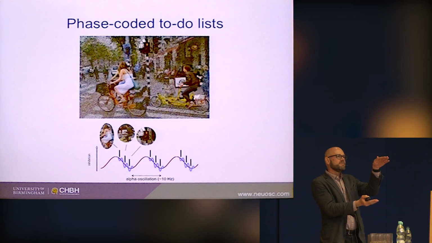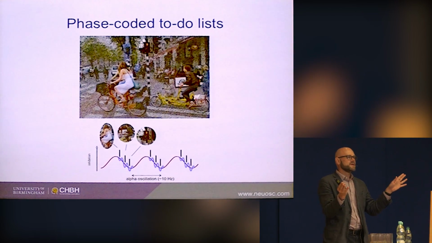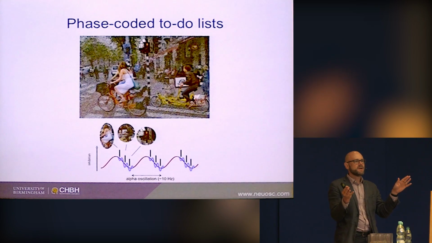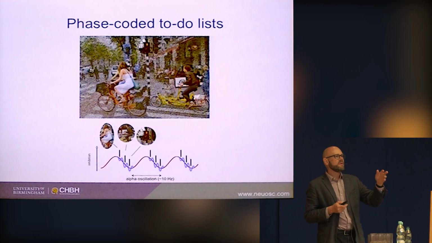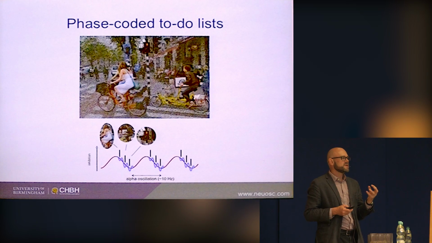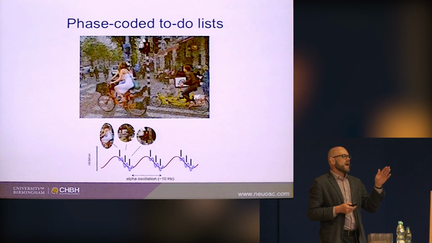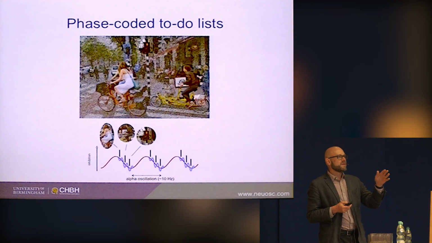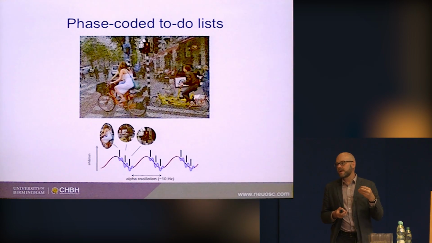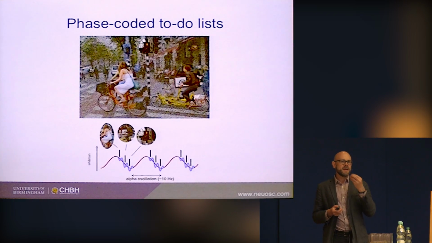At the peak of inhibition, all visual information is blocked. But as the inhibition ramps down, you get the activation of the most excitable visual item. That could be the lady on the orange bike. Then as inhibition ramps down a bit further, it would be the guy on the yellow bike and then the traffic light, right?